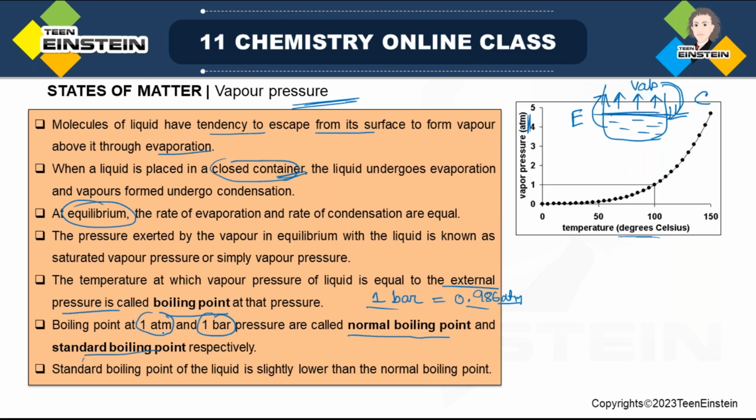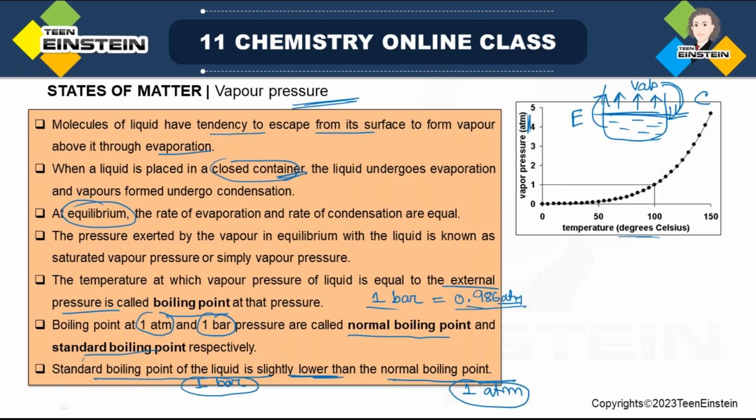When pressure is high, to convert from liquid to vapor more temperature will be required, right? That is, boiling point will be increased. So the standard boiling point, which is at 1 bar, and the normal boiling point, which is at 1 atm: the standard boiling point will be slightly lower, because 1 atm is greater than 1 bar.